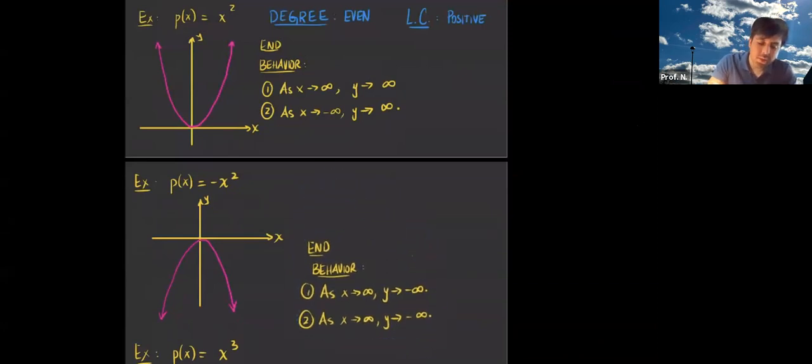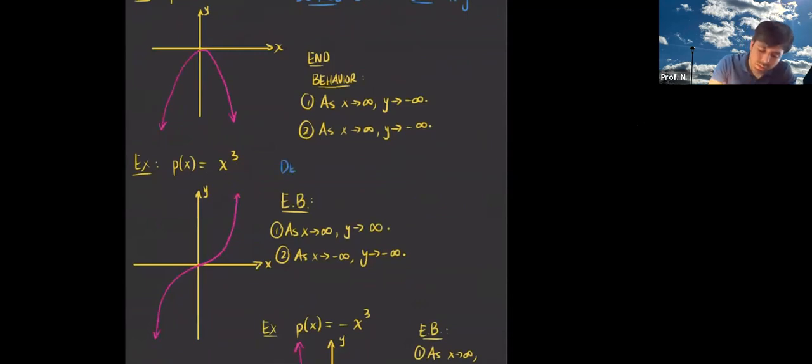So you see, the degree tells us a lot about the end behavior. And not only the degree, but the degree in tandem with the leading coefficient tells us what end behavior will result. So the degree here is also even, but the leading coefficient is negative. And the degree here is odd. Yeah, it is 3, but we care more about the fact that it's odd than the fact that it's 3.